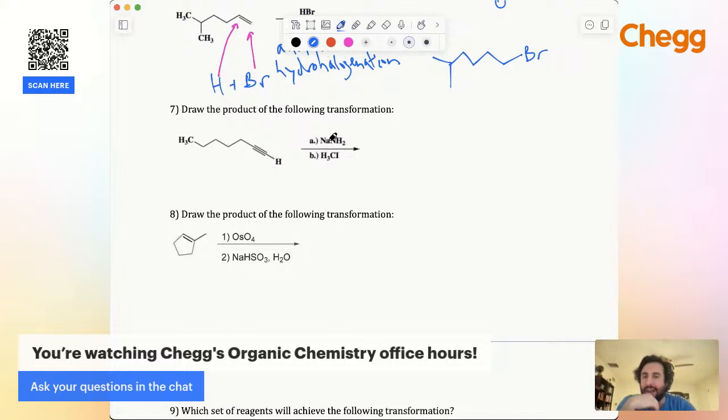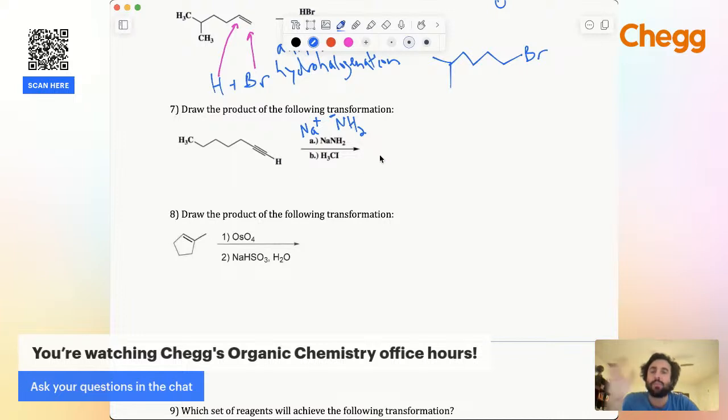NaNH2. What is that? First of all, we definitely have to be able to recognize when things are ionic. This is Na plus NH2 minus. We can always tell when you have a metal from one of the first two groups, the alkali metals or the alkaline earth metals, those are almost always counter ions to something that's going to act as a base or nucleophile.